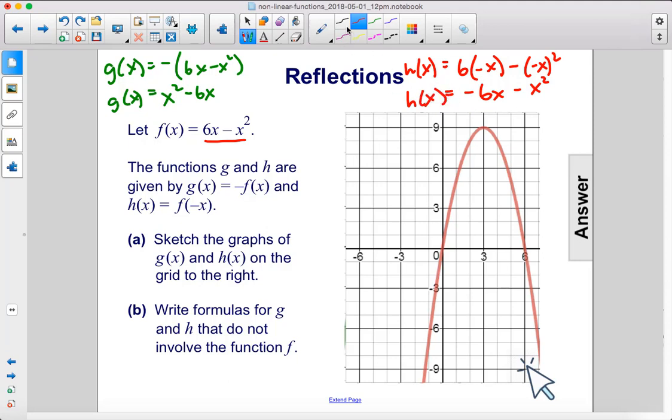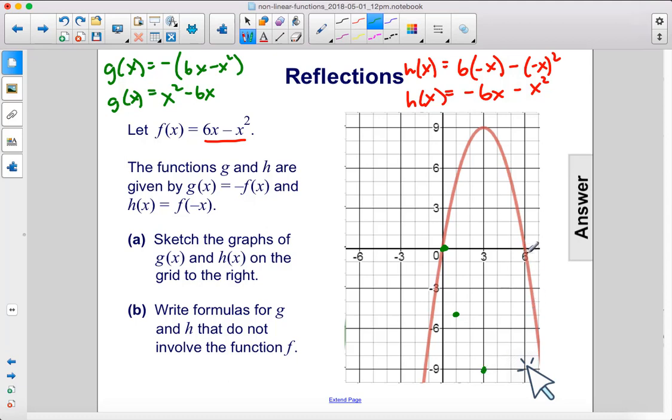Now, if we want to plot some points, let's start with g of x. If we have 0 as x, that gives us 0. So we still have a point here at the origin. If we plug in 1 here, we get 1 minus 6, which is negative 5. So let's plot it down here. If we plug in 3, we would get 9 minus 18, which is negative 9, down here.